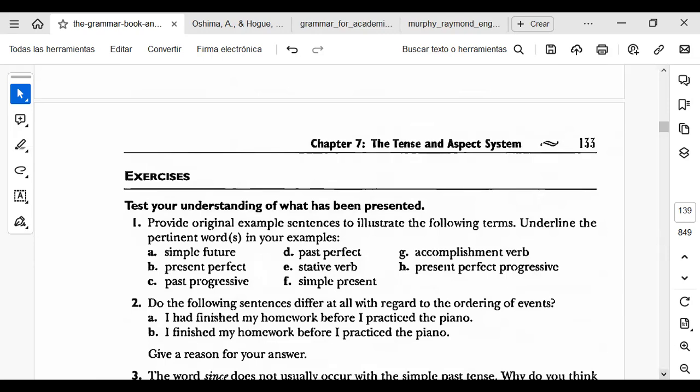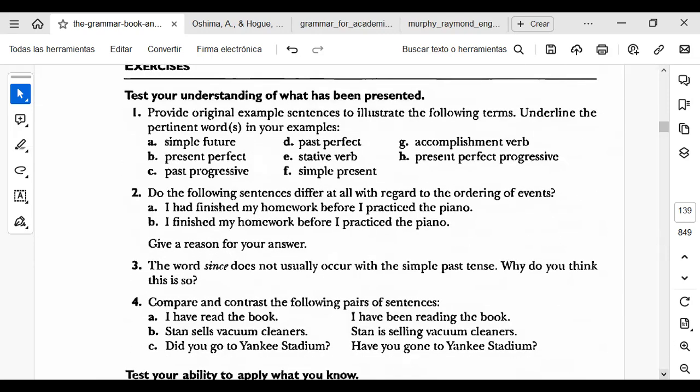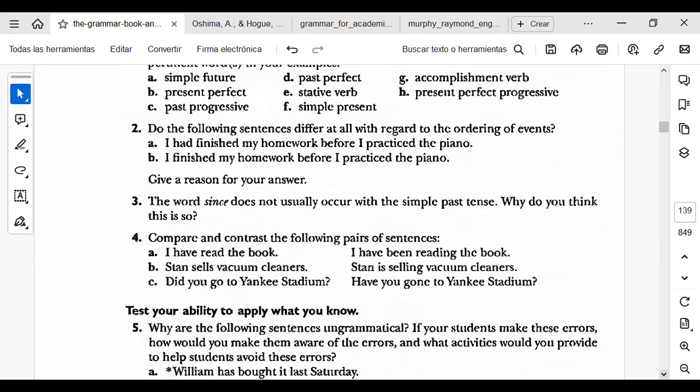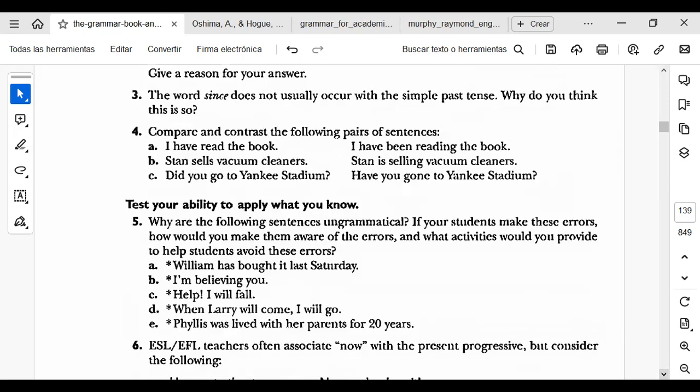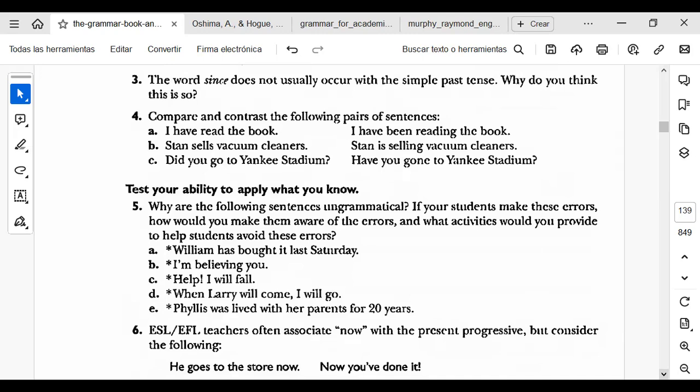Okay, and then you're going to upload it in a Word document. You can work in Word, and I'm going to put the assignment, una tarea, so you can upload this. You can choose 5 exercises. Okay.